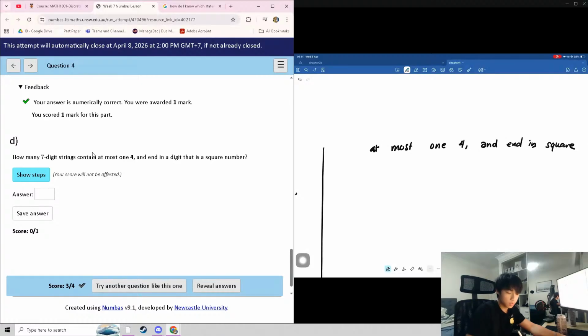So the square numbers in our set are like 9, 8, 4, 1, 0?